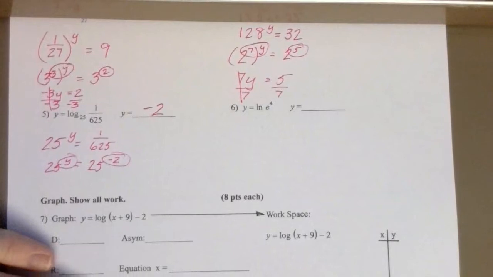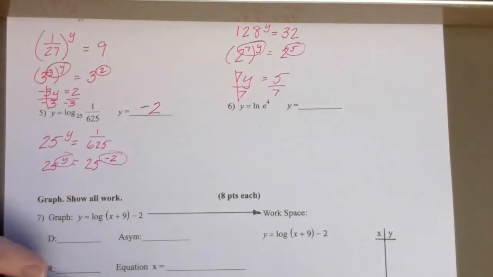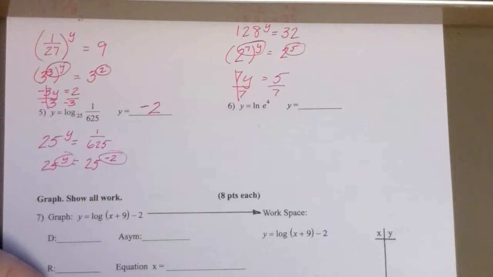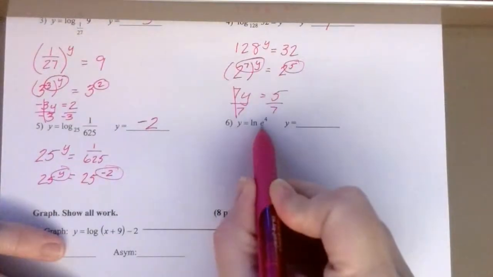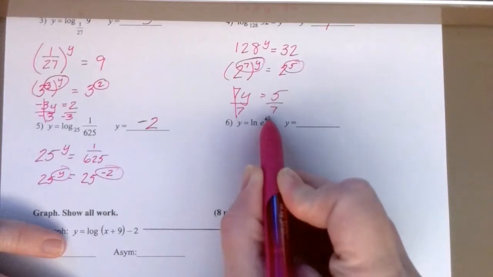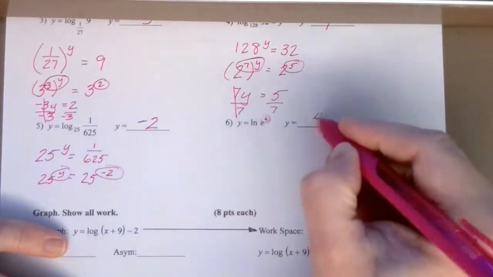And number 6 messed some people up, but number 6 is actually a hidden matchy-matchy problem. What's the base of ln? e. So, if e is the base and I have an e there, there was a matchy-matchy rule that said if those two match, your answer is just 4.